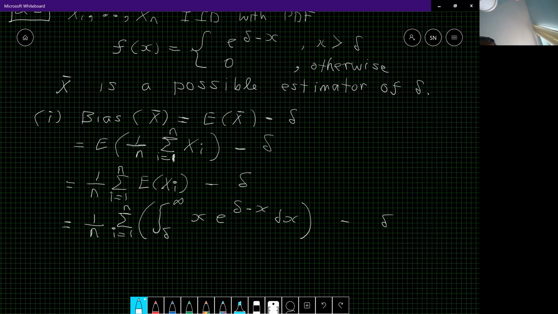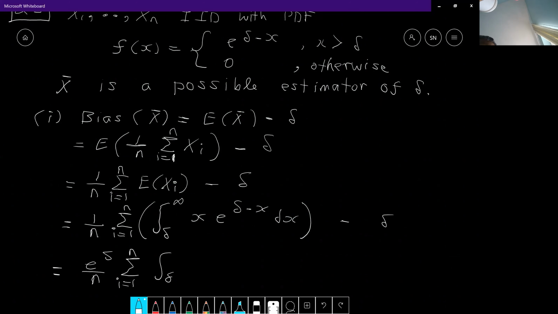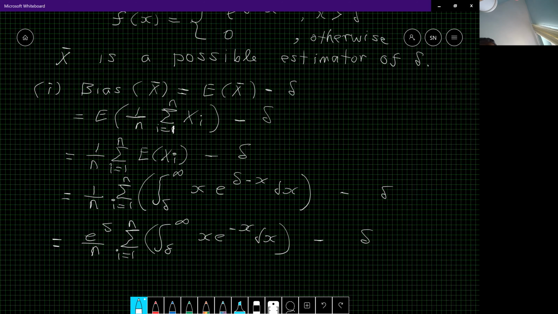Before that, let me pull out the delta, which is a constant. So you can write this as this minus delta.